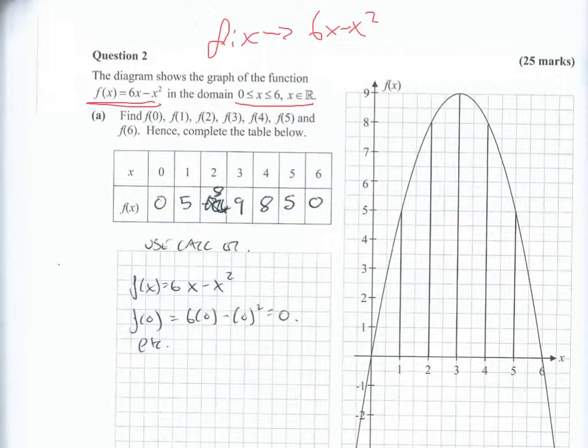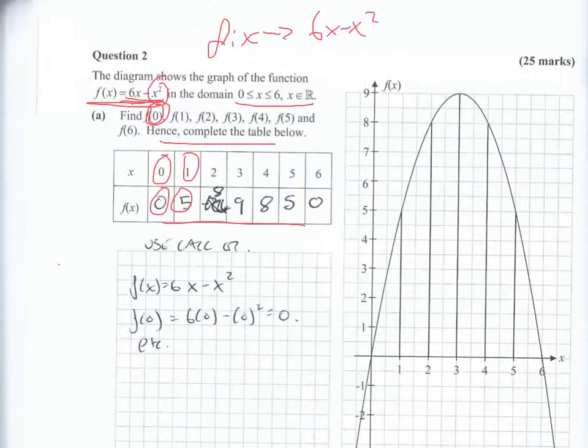Basically find f of 0, f of 1, f of 2, and so on, and complete the table below. So basically they're asking you to find the output of the function 6x minus x squared, the output y when the input value is 0. So when I put 0 into that function, I get 0 out. When I put 1 into this function, I get 6 by 1 minus 1 squared, which is 5, and so on.